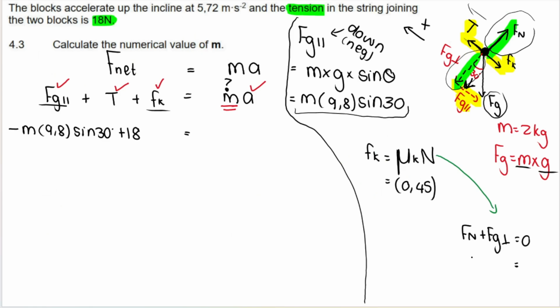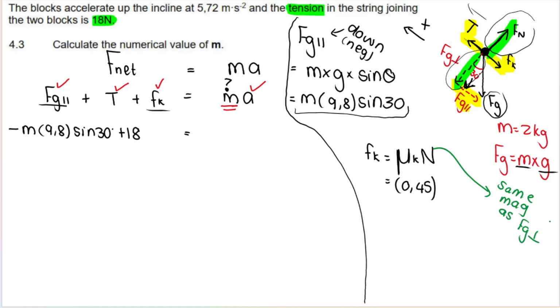So what that means, grade 11s and grade 12s, is that Fn is technically equal to FG perpendicular, but they're equal in magnitude, which is why I said technically. So if I know FG perpendicular, that is the same as my normal force. You can make a note here in your book or whatever you use to study, that the normal force is the same magnitude as FG perpendicular in this question.